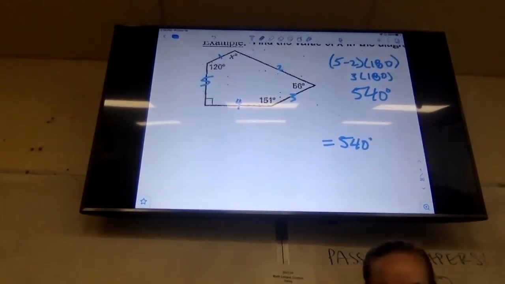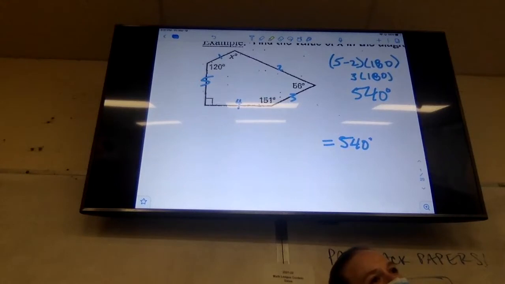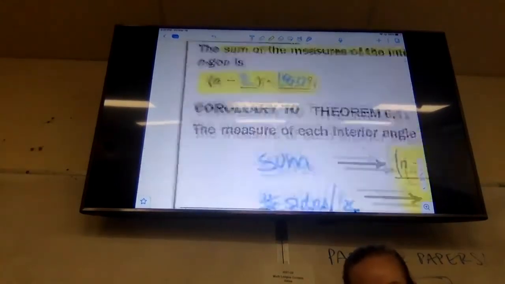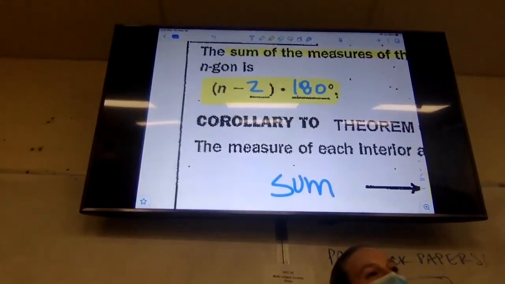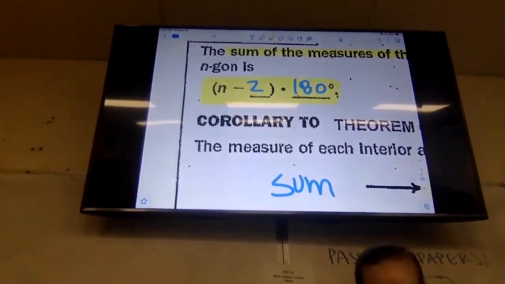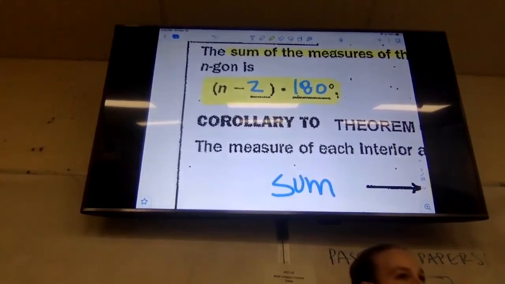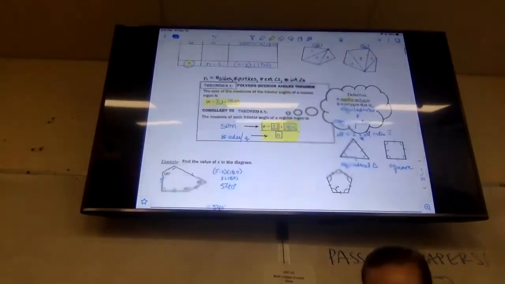That's the formula we just learned, n minus 2. You just plug 5, the number of sides, in for n. If you didn't know that 5 is 540, then you would use this formula.